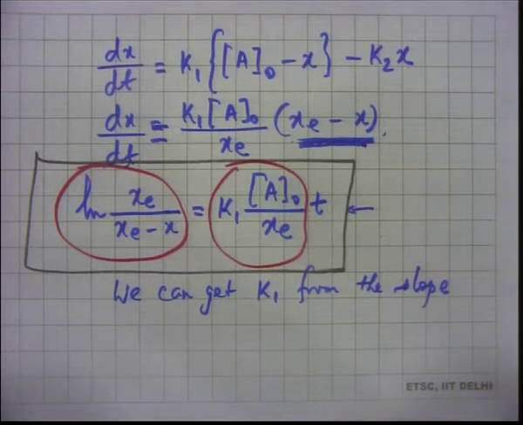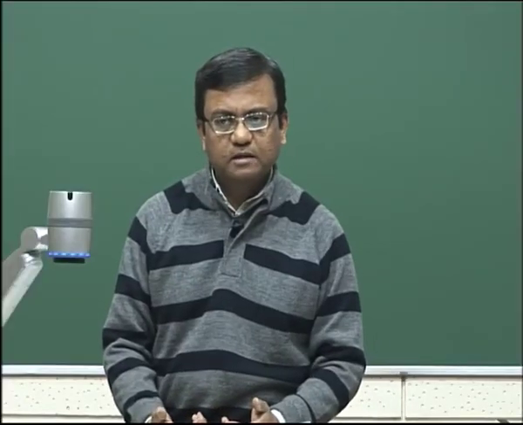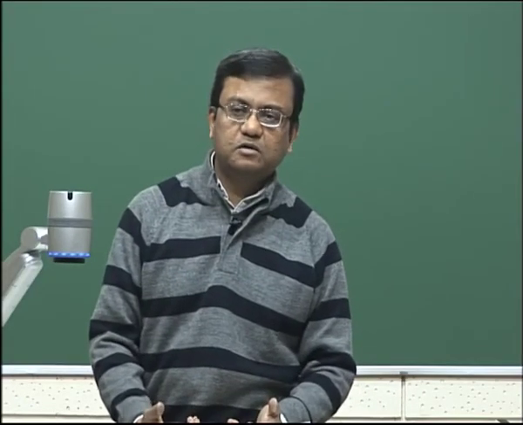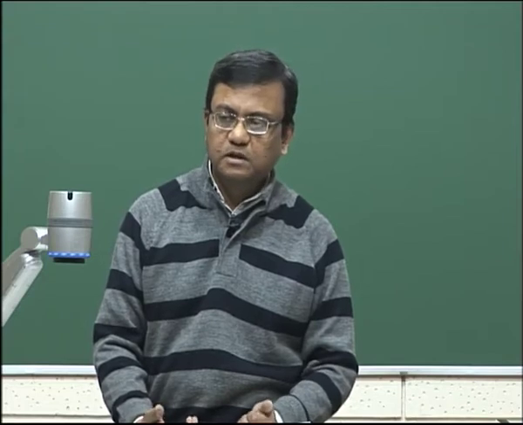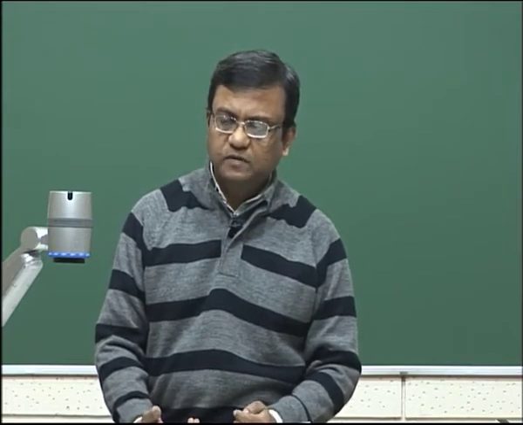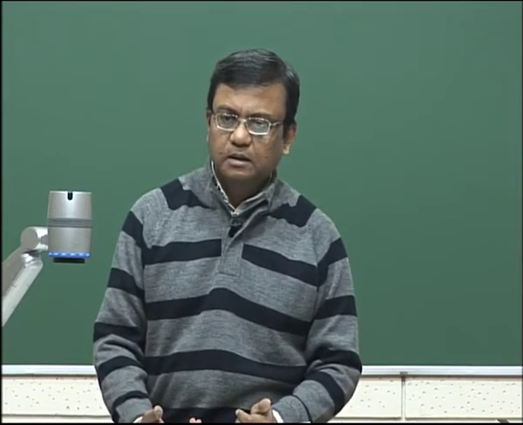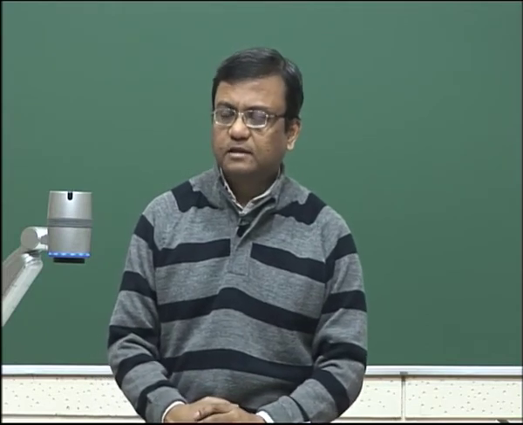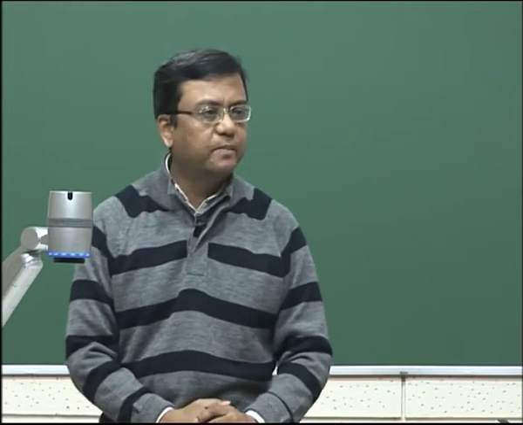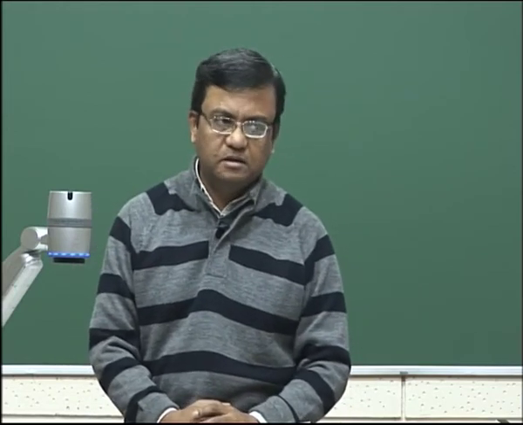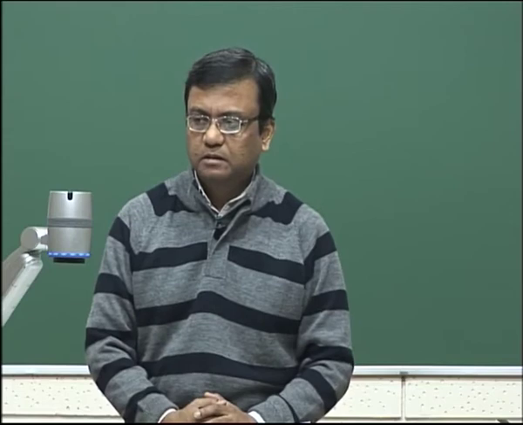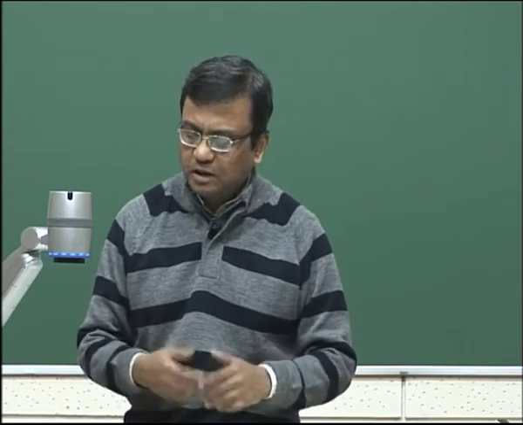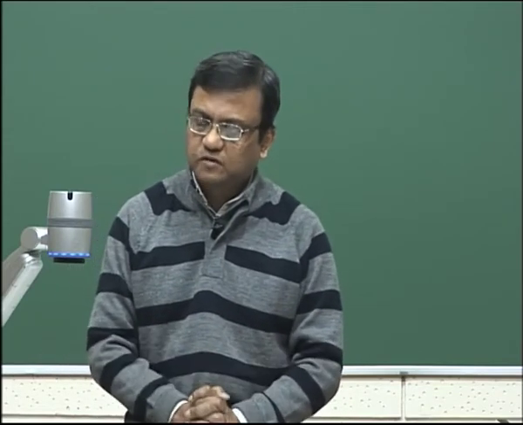We wanted to see how concentrations change with time. Now if you get the concentration of B as a function of time, do you also get the concentration of A as a function of time? What do you think? Is it easy to get that? Yes, because concentration of A is nothing but A naught minus x, which is the concentration of B. So you can get that too. So you got both the concentrations as function of time.